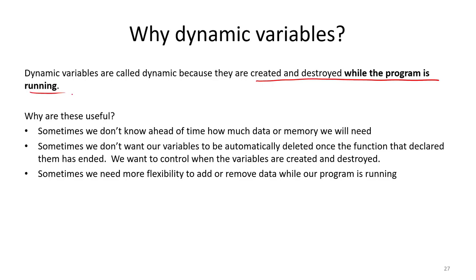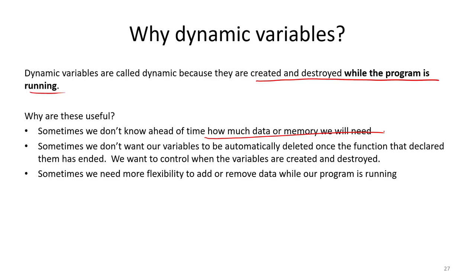But suppose you are Google or Amazon or a big tech company, and you're managing data from millions of users. You're not going to know ahead of time how much data or memory your customers are going to need. So, depending on what your customers are doing, you need the flexibility to be able to create more data on demand or allocate more memory on demand.